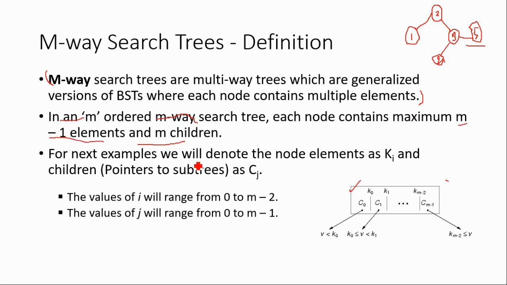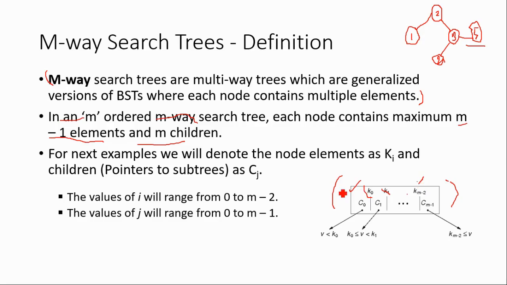And so now let us introduce some terminologies here. You can see this figure. It can be said as an example of an M-way search tree node. So here you can see K0, K1 and up to K m-2. This would depend on the node elements and whatever data we are storing in the node.